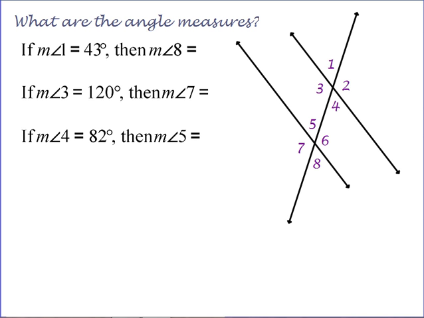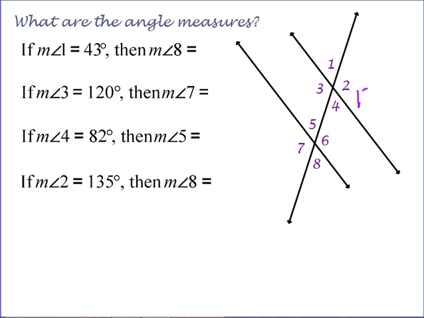If angle 4 is 82 degrees, angle 5 has to be 82 degrees since they're alternate interior. If angle 2 is 135 degrees, angle 8, these two don't match up with one of our angle pairs that we've already talked about, but there's lots of ways to find those missing measures.